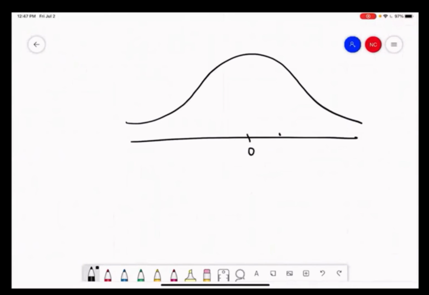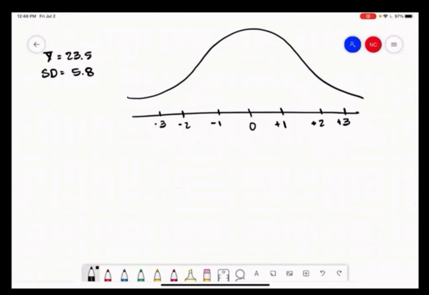I'm just going to label this one this way because it's the fastest. -1, -2, -3. Okay. Just a reminder, our mean is 23.5 and our standard deviation is 5.8. And we are looking for a probability between 18 and 30 hours. So we need to calculate the z-scores.